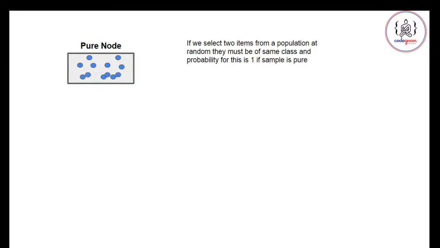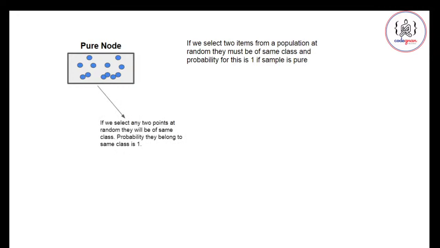Now if I tell you to select any 2 points from this pure node and find out the probability that they belong to the blue color, then the probability is always 1, because you have this pure node.